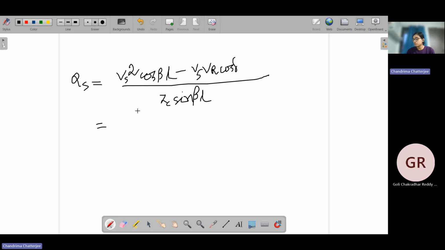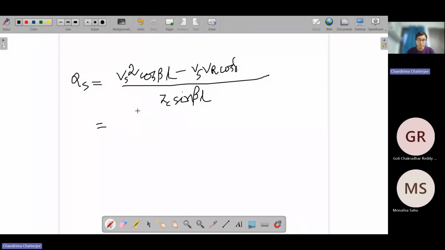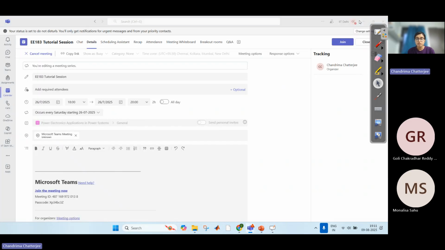Okay. So if I just replace these values, cos beta L would be cos 53.77 minus cos delta. They have given load angle 45 degree.